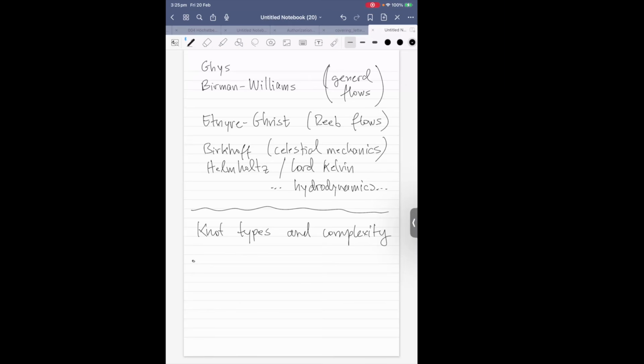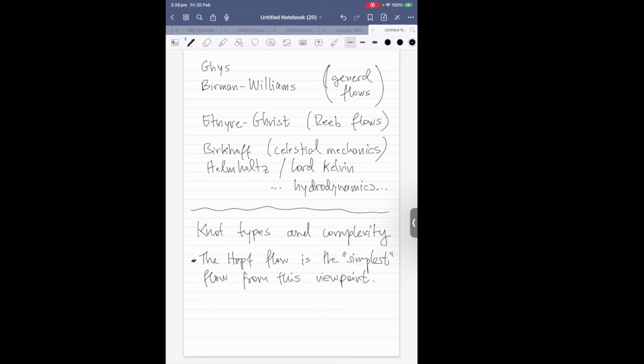Okay, so the Hopf flow is the simplest flow from this viewpoint. There is exactly just one knot type.